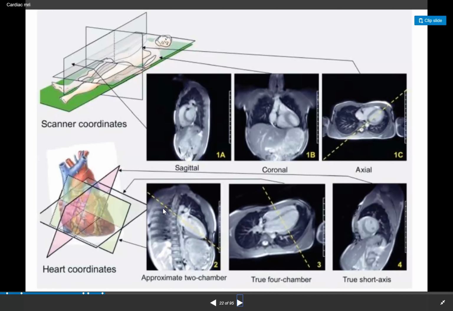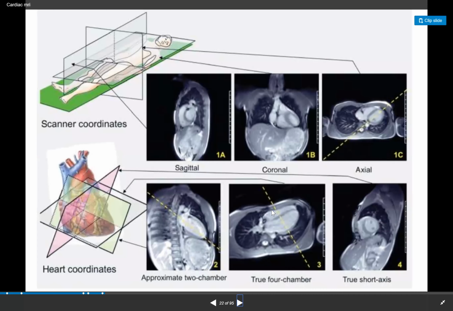As you can see, you want to have this plane, which first we get the 2-chamber plane. So you'll see 2-chamber images in the beginning of the MRI exam. And through 2-chamber, we cut it in the middle with the mitral valve line going through in between the mitral valve going through the apex.